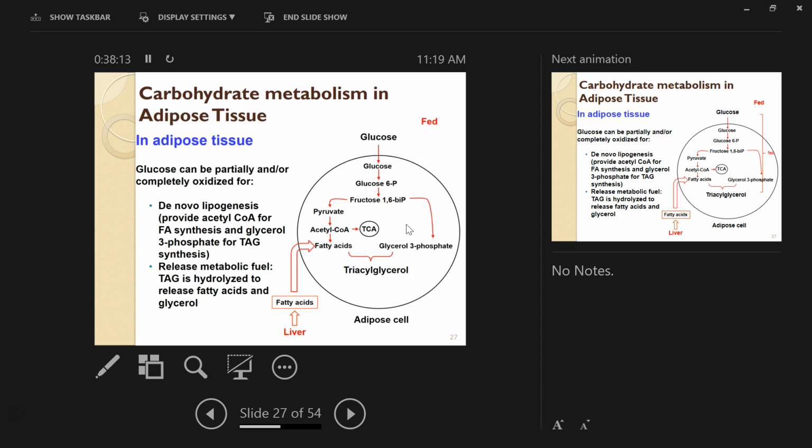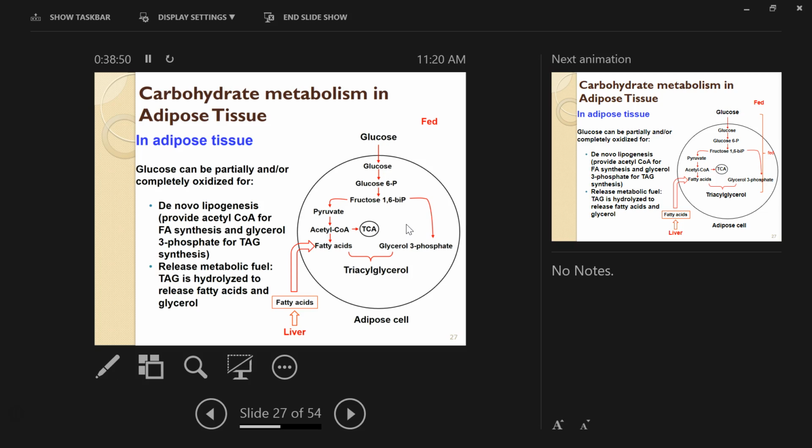So under the fed condition, because we have a lot of glucose entering the fat cells, right? So we synthesize a lot of glycerol 3-phosphate backbone, and some fatty acids. But lots of fatty acids actually come from the circulation, right? And are then picked up by the fat cells. So fatty acids together with glycerol 3-phosphate synthesize triglyceride.